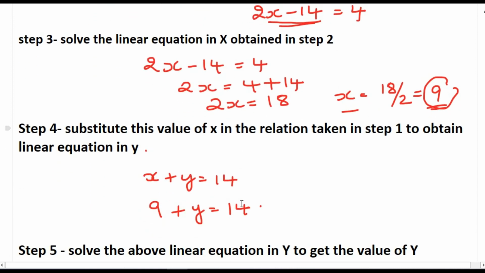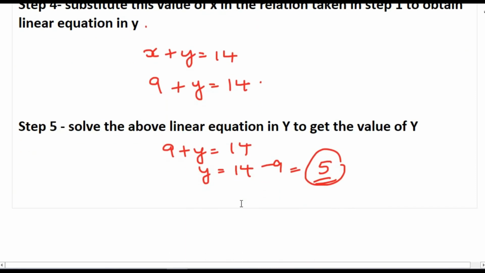Fourth step, you need to substitute this value of x in the first equation so that in step 5 you will get the answer for y also. So we have substituted the value of one variable by expressing it in terms of another variable to solve this pair of linear equations. That is why this method is called the substitution method.